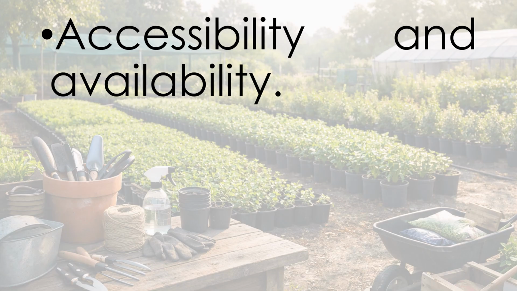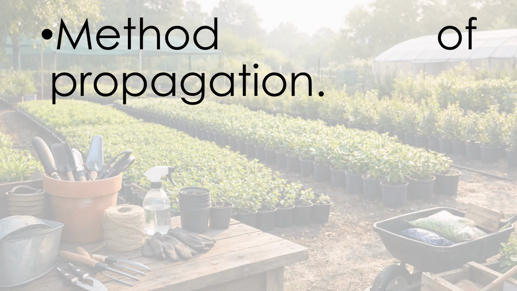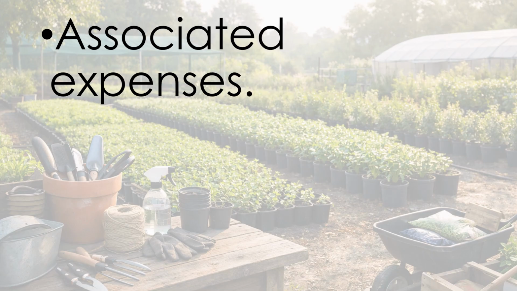Example, farmers often choose crops with seeds readily available in local stores. Another is method of propagation. Some plants grow best from seeds, others from cuttings or tissue culture. Like sugarcane is propagated by stem cuttings, not seeds.